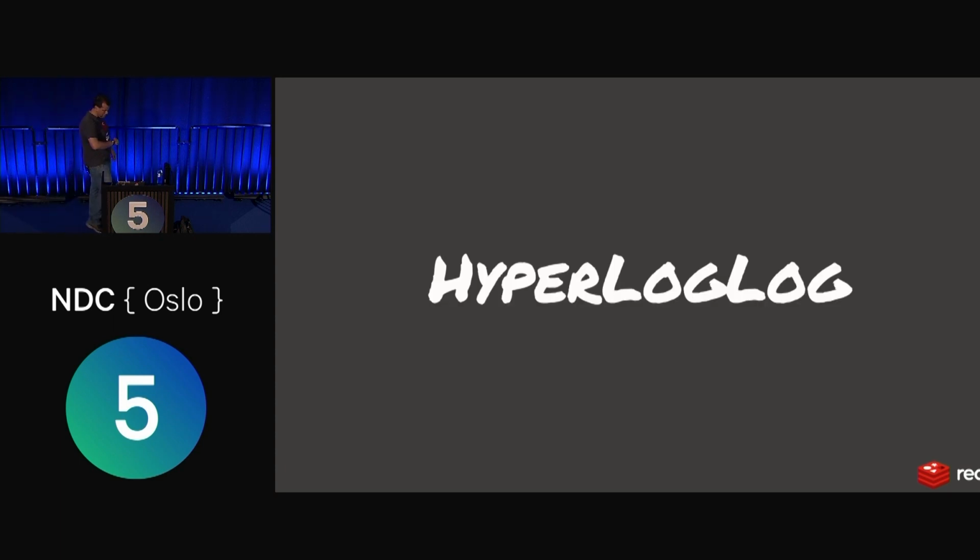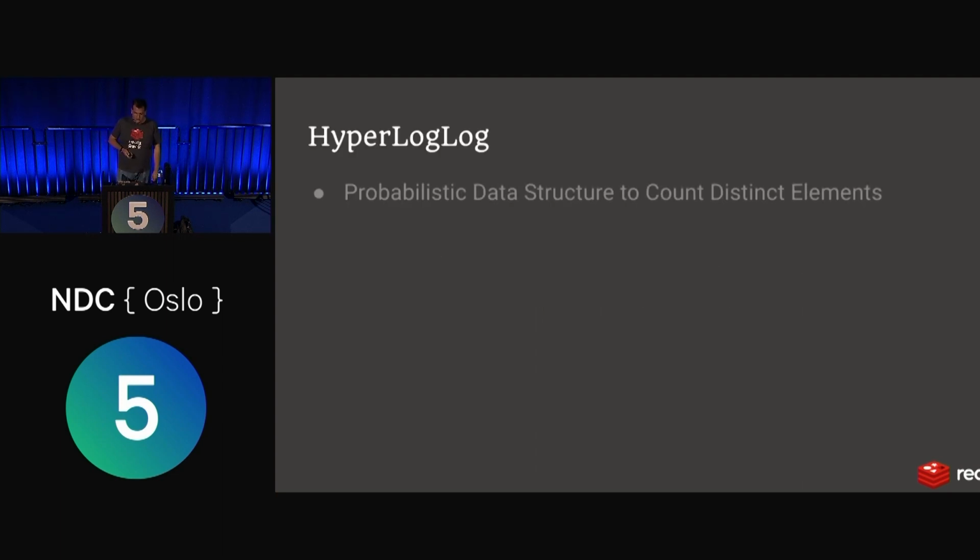So let's talk about the HyperLogLog, which I think is actually the neatest of these data structures, and actually was the first that was introduced to Redis in the very early days of probabilistic data structures' relationship with Redis. The HyperLogLog is a probabilistic data structure that's used to count distinct elements in a set.